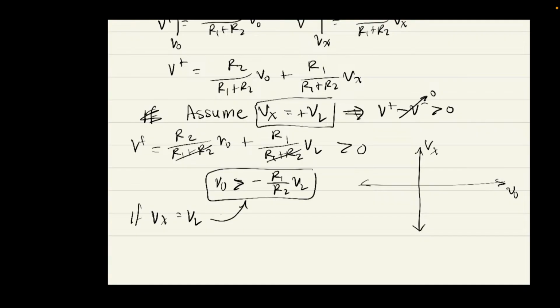And Vx, which is the output. So we're saying right now our system is at VL, and it will continue to remain at VL until it crosses that threshold, which is negative R1 on R2 times VL. So it's like this. Any questions so far?